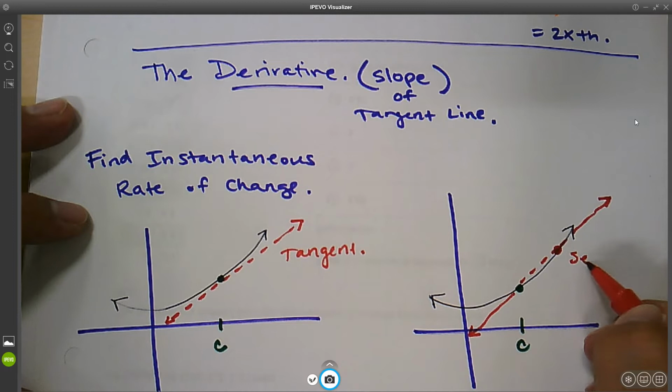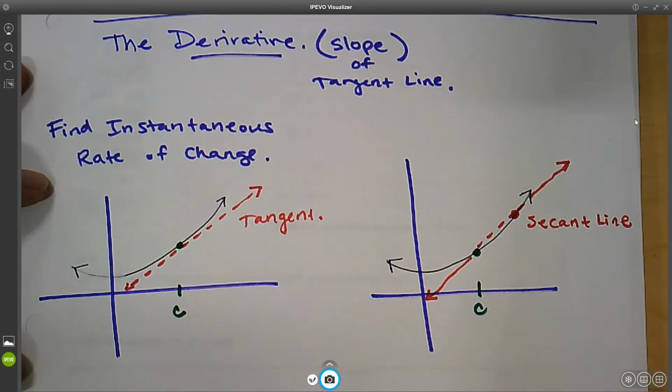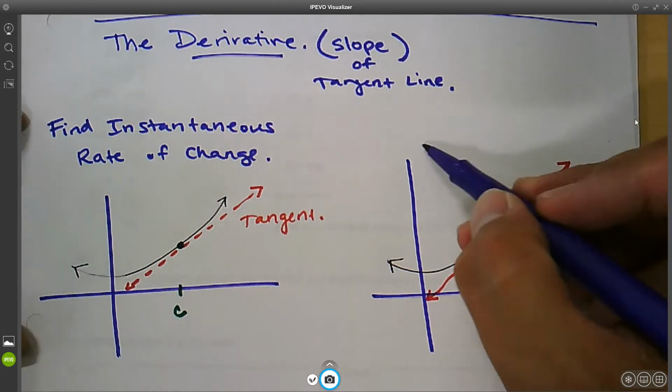Yeah, so this is our secant line. And these two points, if I use them, it's not instantaneous. It will be called what rate of change? Yeah, these are actually the average rate of change. So let's just make sure we can tell the difference.